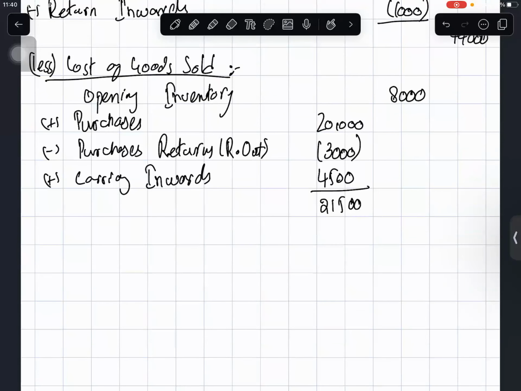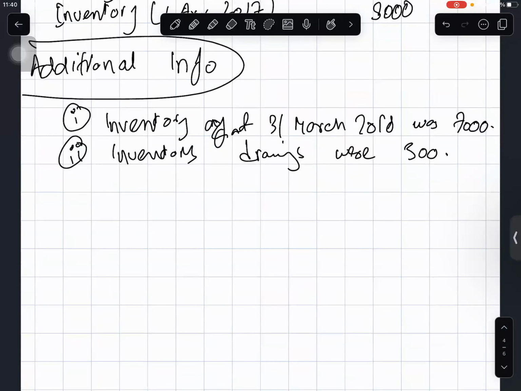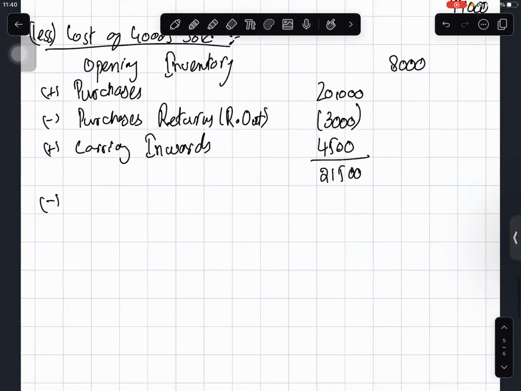And then we'll subtract. Remember that second point in the additional information? They told us that inventory drawings were 300 pounds. Karen had taken out 300 of goods for her own use, right? So we'll write here inventory drawings. We'll subtract the 300.